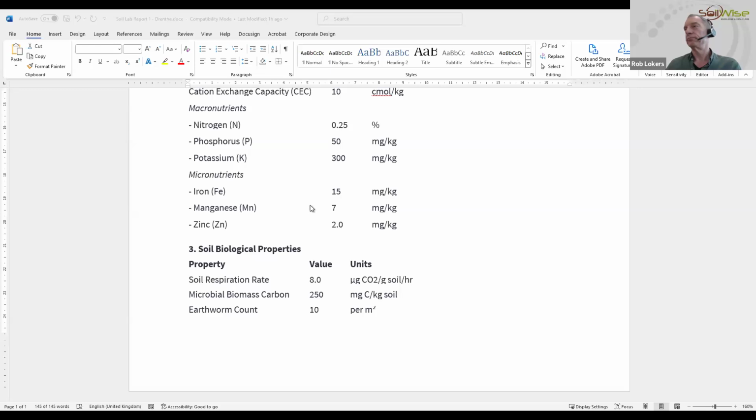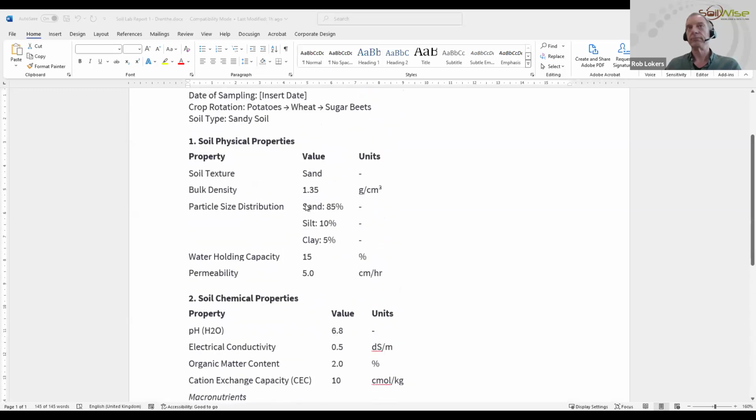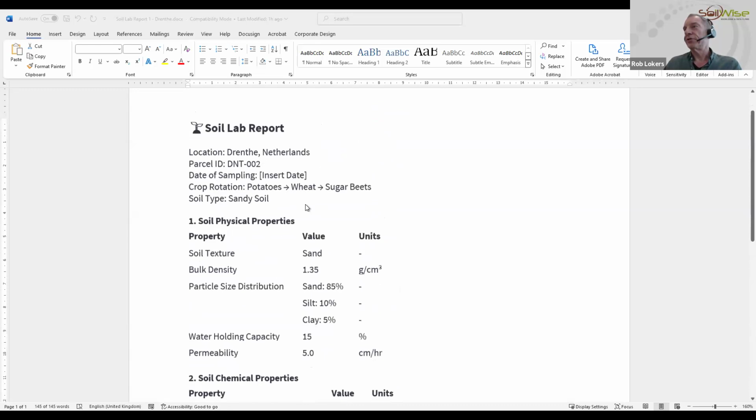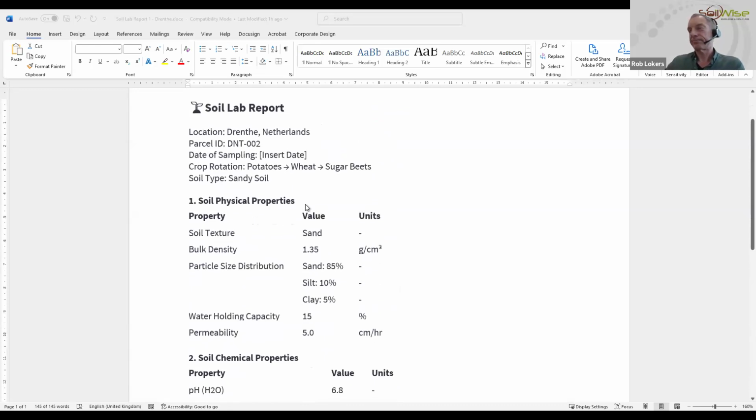We have a fictional soil lab analysis report. It's this one. Like I said, it's fictional, but it is based on local circumstances.